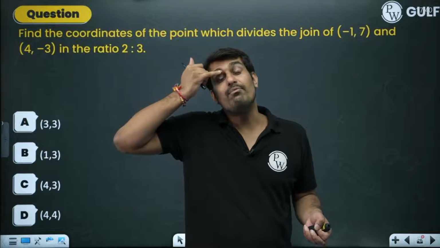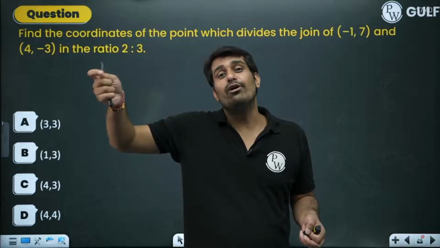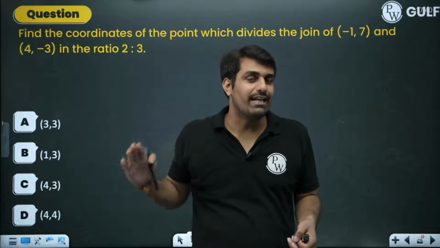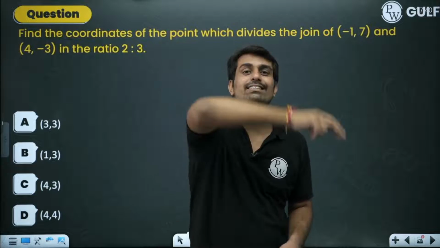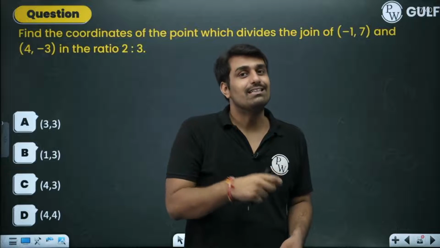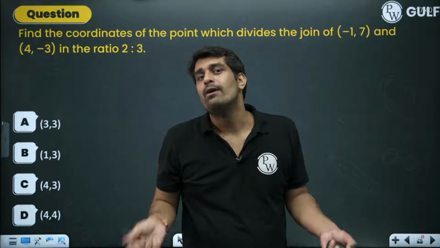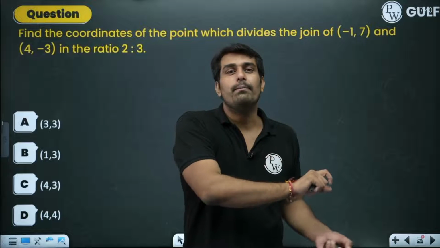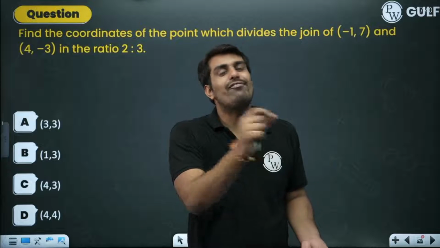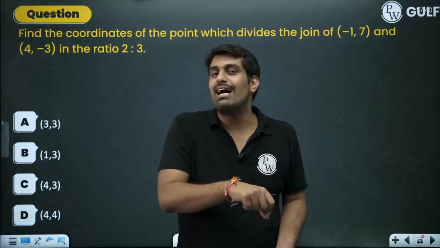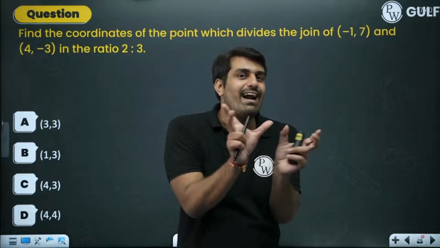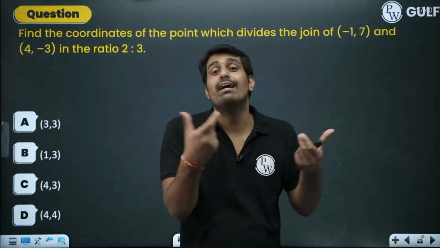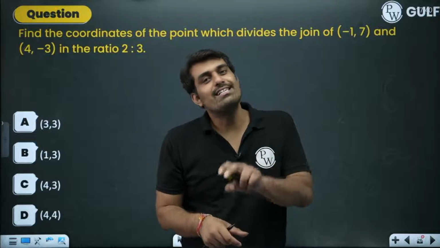If you are traveling from Delhi to London and you are having a layover at a certain place, your flight is taking off from Delhi, but it's not directly reaching London. It's going via a certain place. Let's say it's going via Dubai. So Dubai is a point between Delhi and London. If someone asks how Dubai is dividing the two different travel distances, or time also, over here we are concerned with the distance.